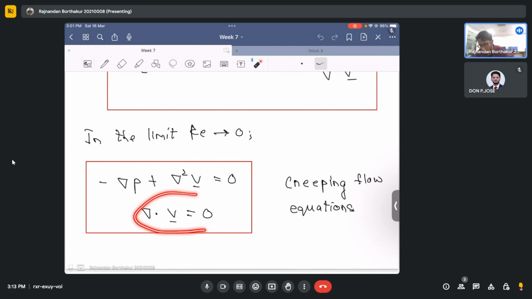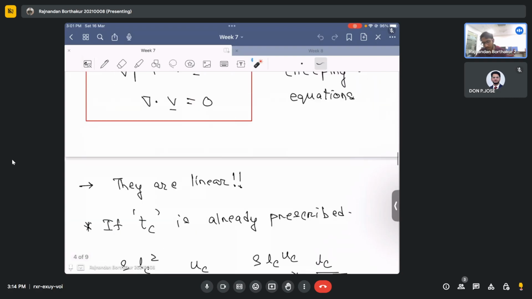One, the continuity equation, which is of course valid for an incompressible flow, and the other is basically the fact that the gradient of pressure is balanced by the viscous forces, which in Newtonian media reduces to the Laplacian of the velocity field.